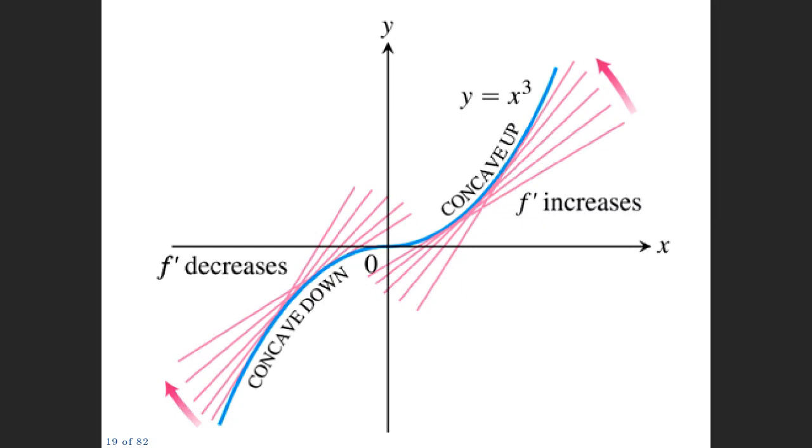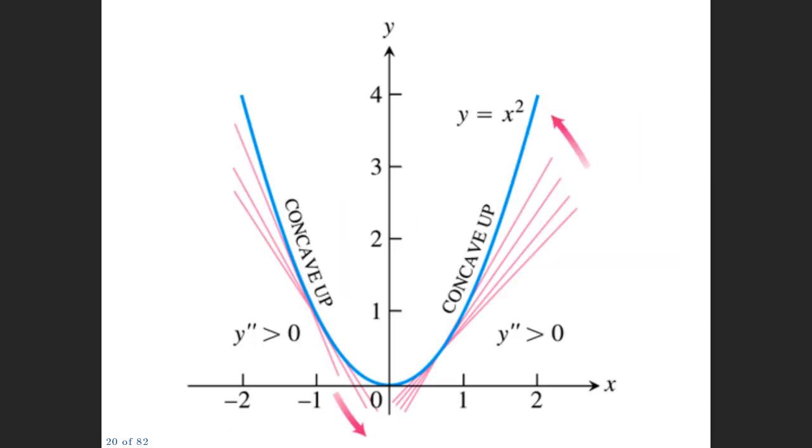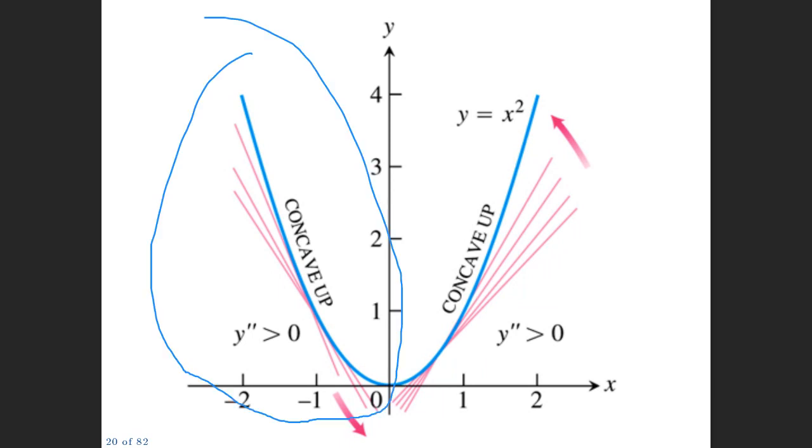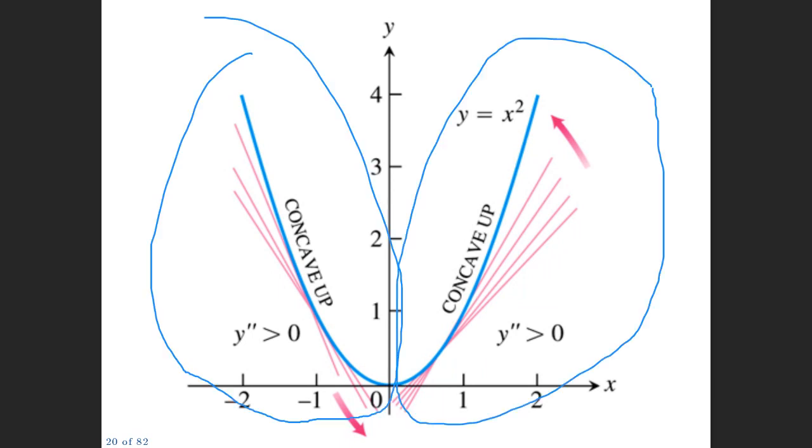As we saw, the graph is concave down on the left of 0 and is concave up on the right of 0. Whereas x squared we said was concave up everywhere. And yes, we can see decreasing and concave up on the left, whereas on the right is increasing and concave up.